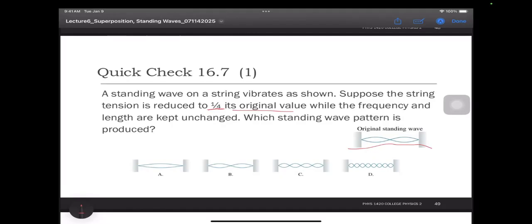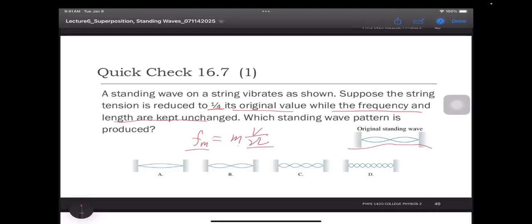We know the frequency and the length are the same, but the string tension is reduced. We know f equals mv divided by 2L, am I right? And the frequency and the length are unchanged.